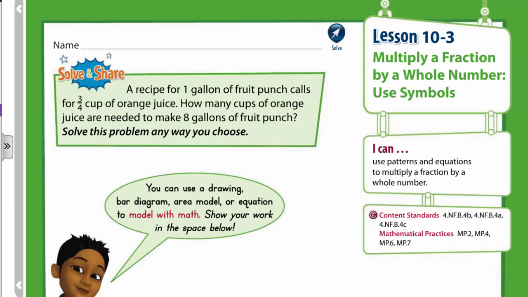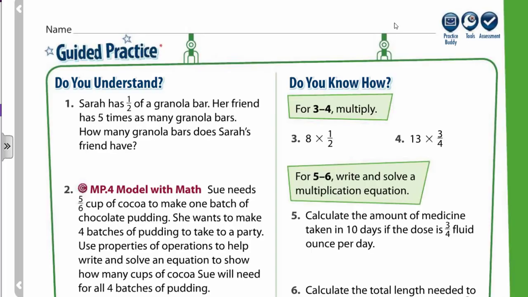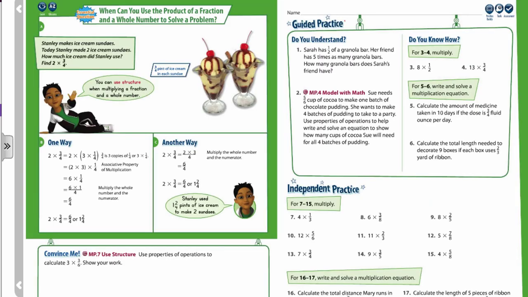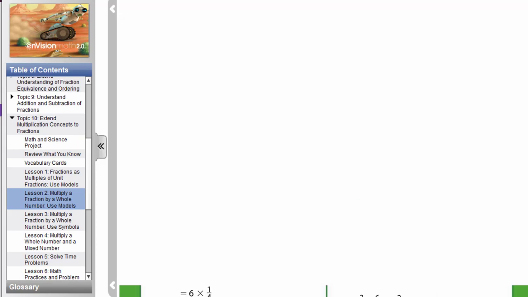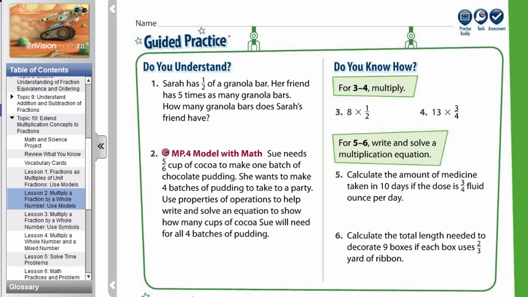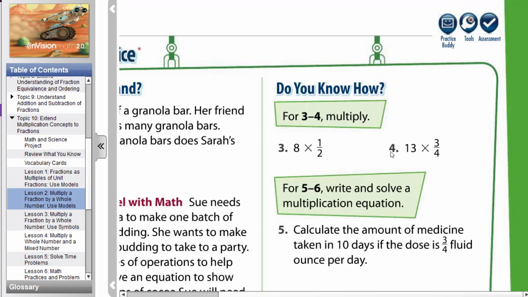Today's lesson is the third lesson in topic 10. Multiply a fraction by a whole number. Use samples. What we will do today, we need to solve questions like question number 3 and 4 here.